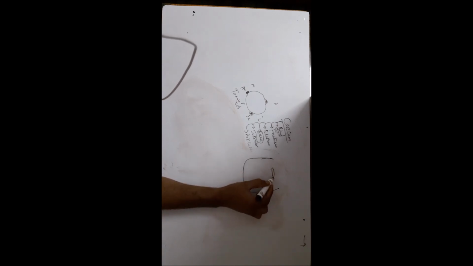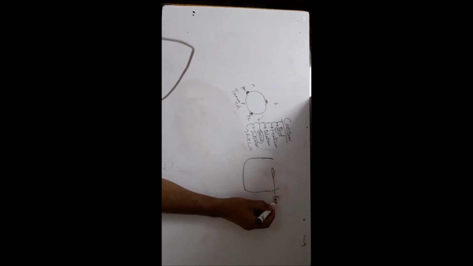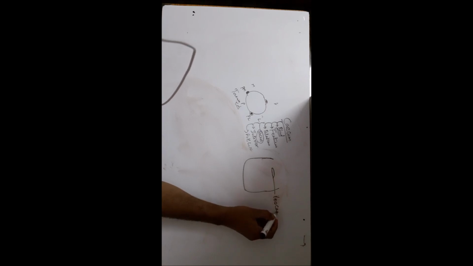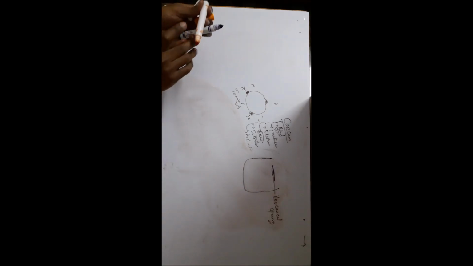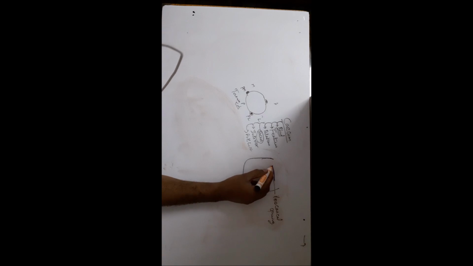This will be your ileum opening into the cecum, so ileocecal opening. Guarding that we have valves. One is superior and one is inferior valve. The superior valve is somewhat horizontal and the inferior valve is somewhat concave.